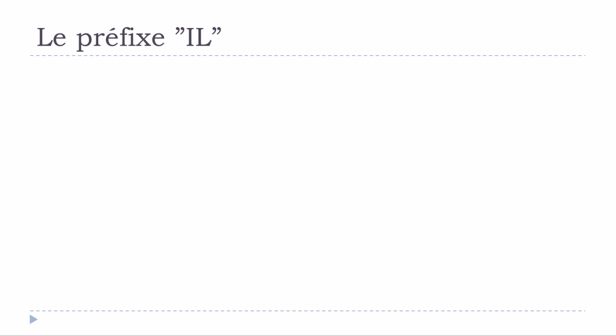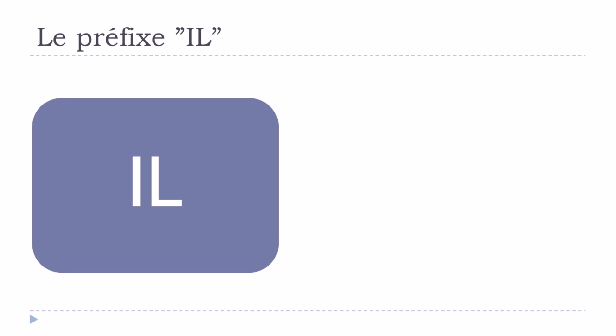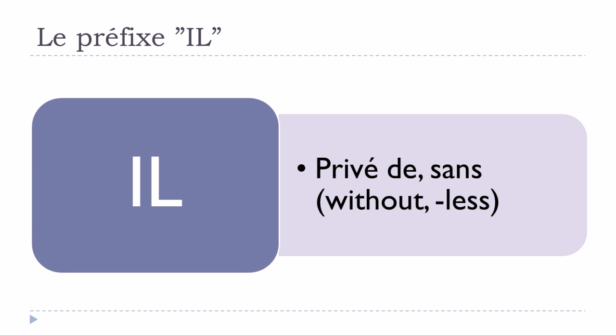Okay, so let's see. Normally if we're talking about this il prefix, then it will mean privé de, sans. Okay, this is what it means in English, so without or then, well, less. Okay, so that will be the meaning of this il prefix.